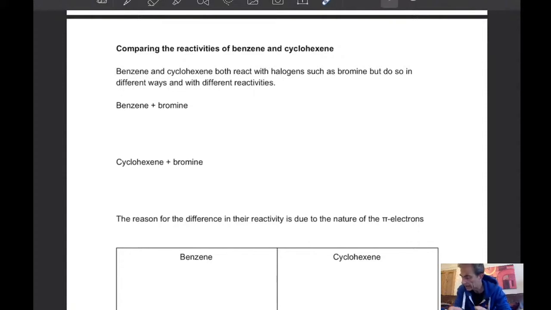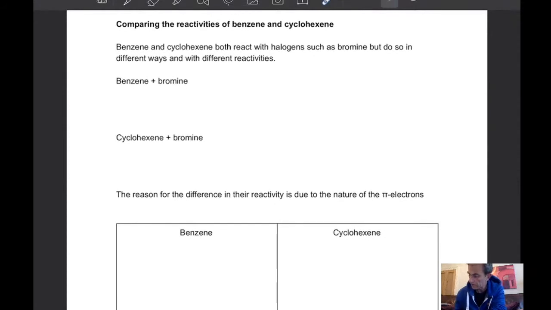Benzene and cyclohexane both react with halogens such as bromine, but do so in different ways and with different reactivities. So the question is getting students to explain what the differences in the reactions are and why you have those differences. And I use this little page to illustrate that.